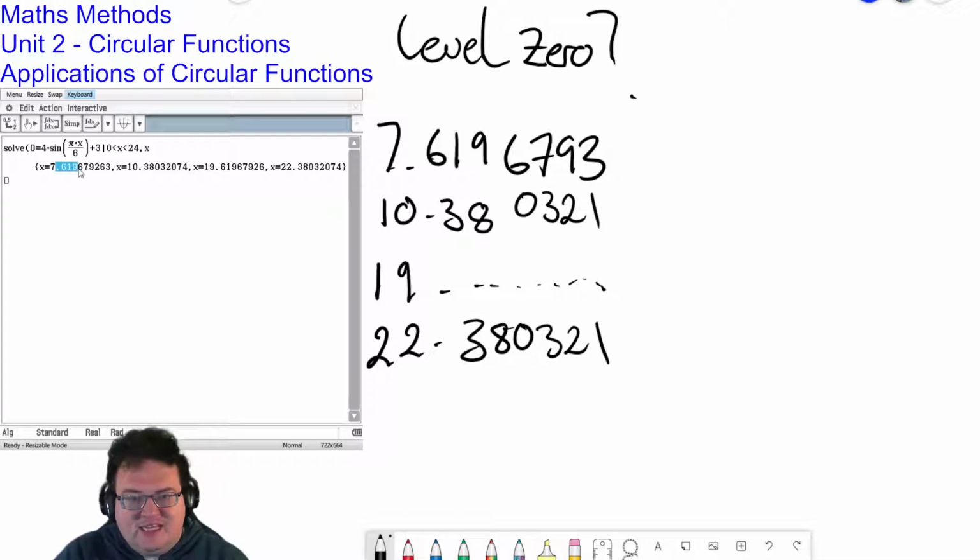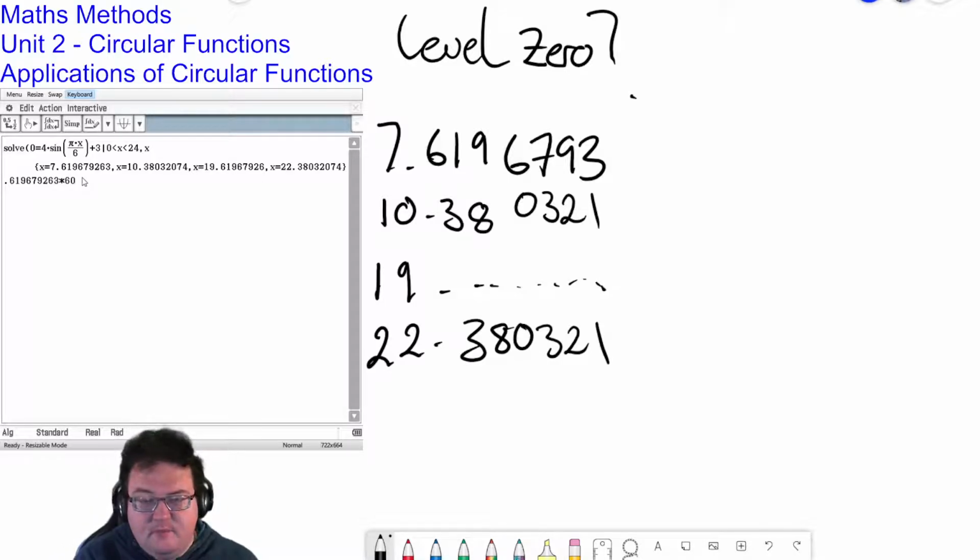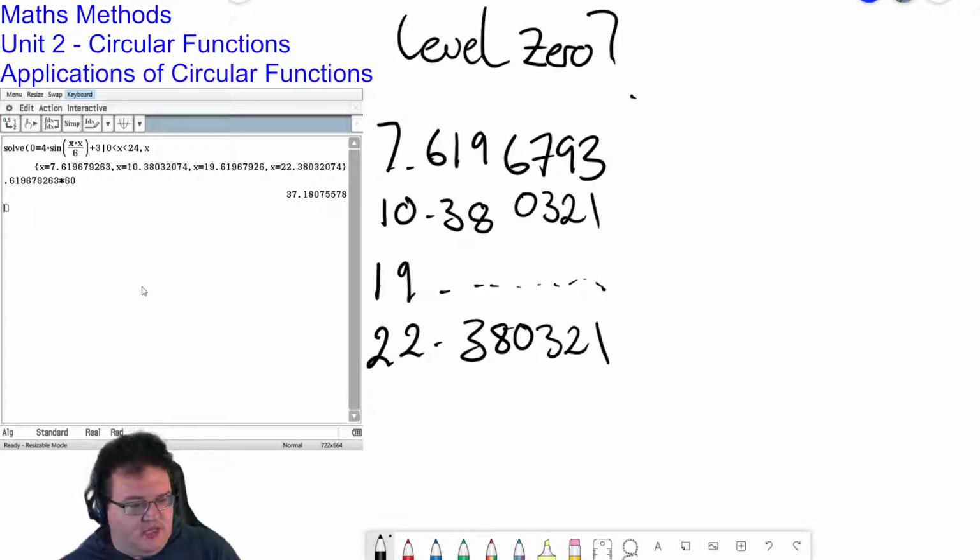So what I'm going to do is take the decimal points and multiply those by 60. And it's going to say 30, so it's 37.